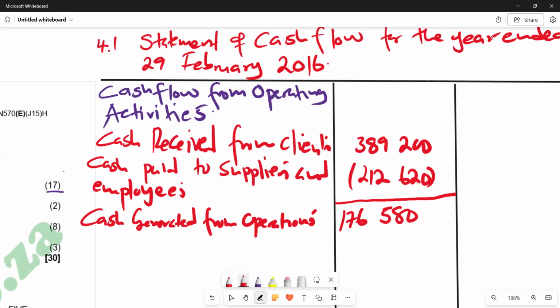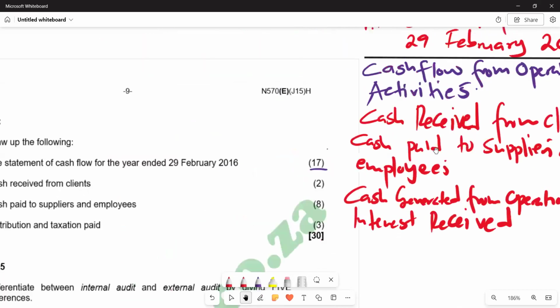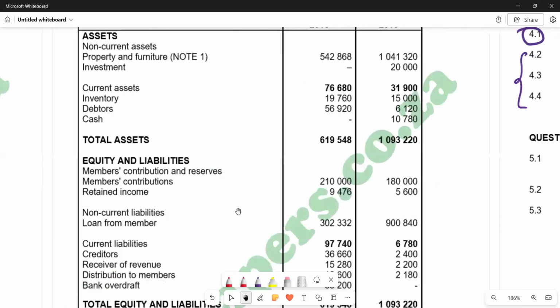Then I believe that now we are going to check the figure that we have for interest received. So here we can say interest received, and then we check the figure that we have for interest received. Obviously, that figure we have it in the statement of comprehensive income in the question. So we come here.